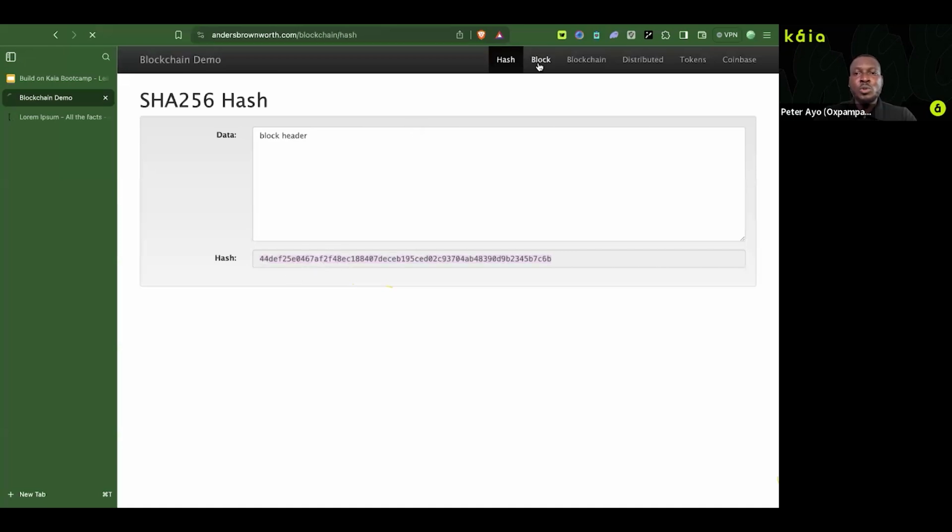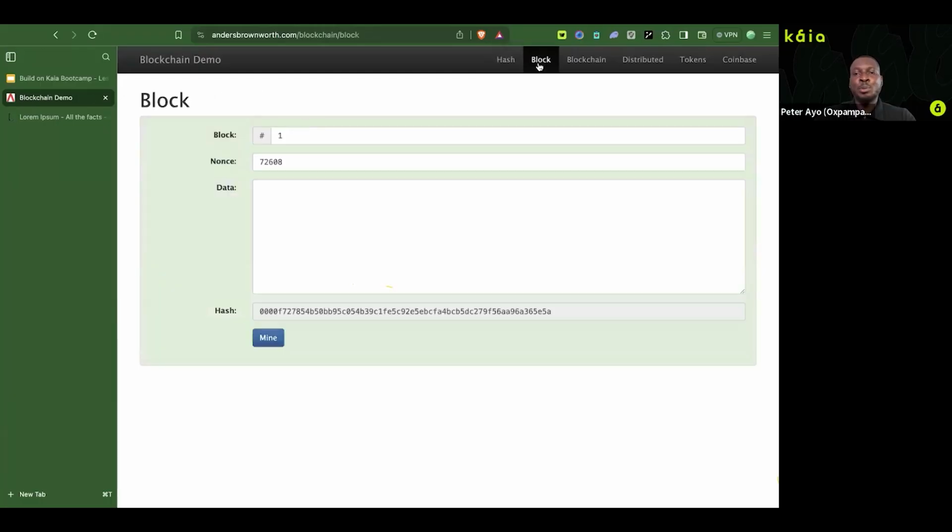Now, going to the concept of blocks, we said that blocks are a fundamental unit of the blockchain, right? And it contains various lists of transactions, right? And also a cryptographic hash of the previous block in this case.